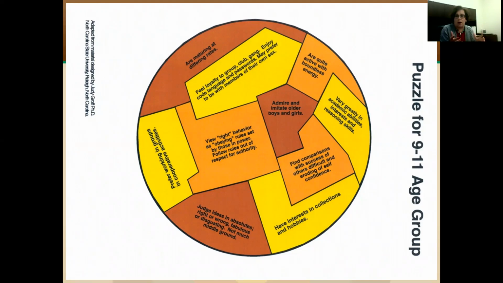And I also found some notebooks, I was cleaning out my son's room the other day. He had written a secret language, he had the code in there and everything. So very much age appropriate.